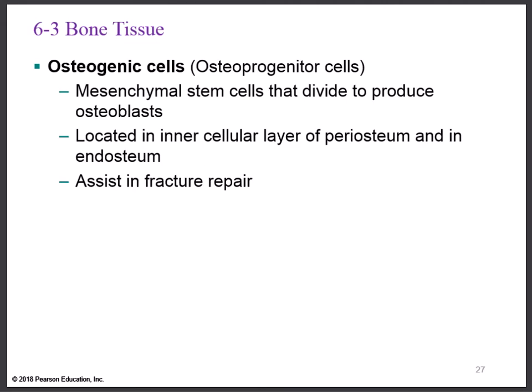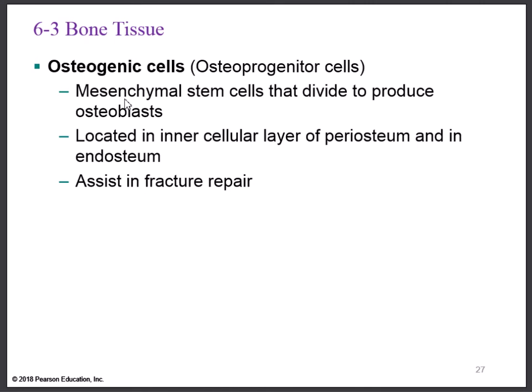So osteogenic cells also are called osteoprogenitor cells. Some textbooks use this term. This seems to be a newer term, but you should know both because they use them both. These are mesenchymal stem cells. If you remember from the tissues chapter, mesenchyme means embryonic connective tissue.